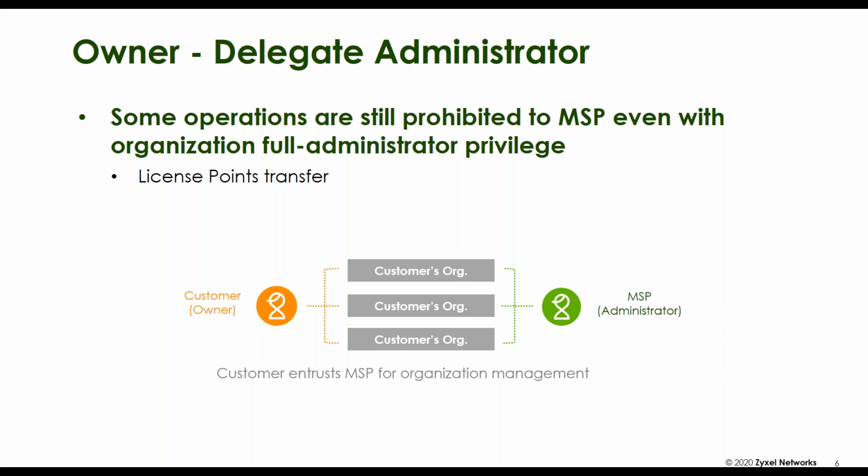A few things that we've also done is delegate an administrator. Some operations are still prohibited to the MSPs, so they can't do, for instance, license point transfers and stuff like that. The customer who is the owner has the ability to do everything, but then they might want to elect an MSP, a managed service provider, to conduct certain changes on their behalf. At the moment, license point transfer is one thing that can't be done.